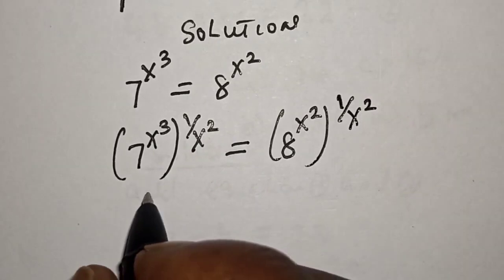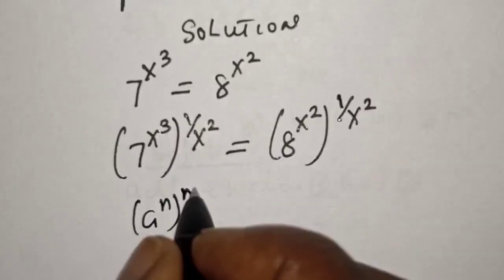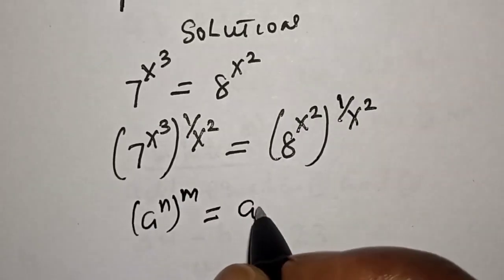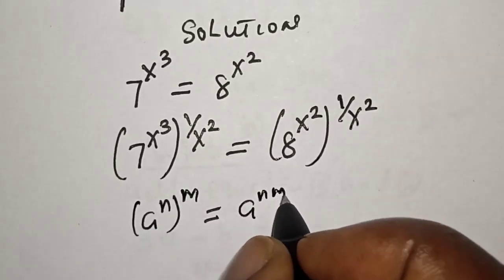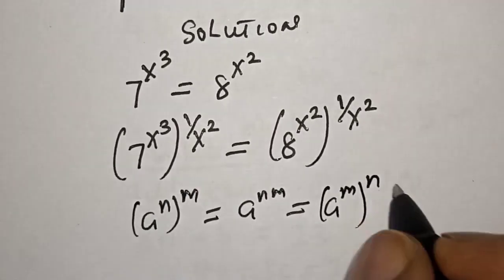Take note of this exponential rule that a raised to power n raised to power m is equal to a raised to power nm. This is equal to a raised to power m raised to power n.